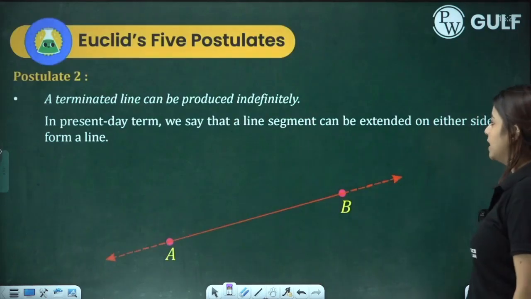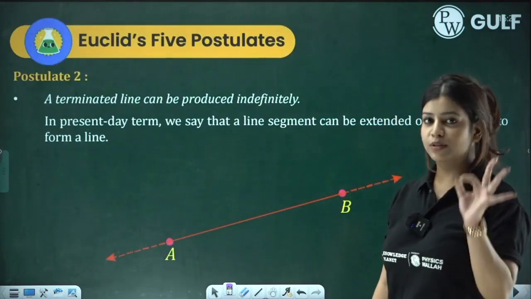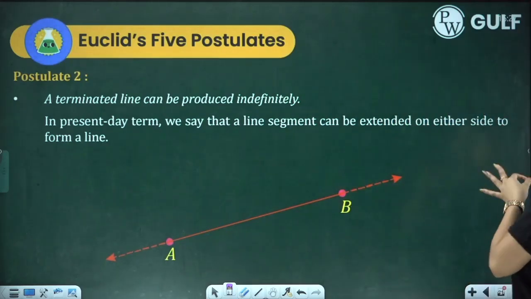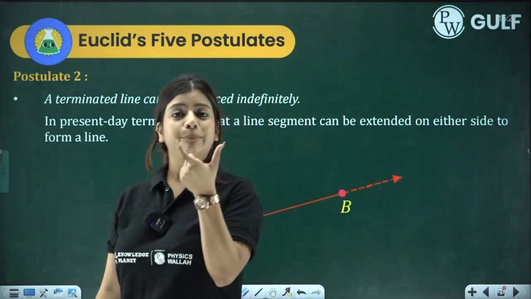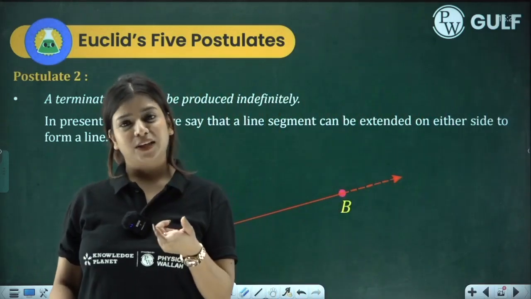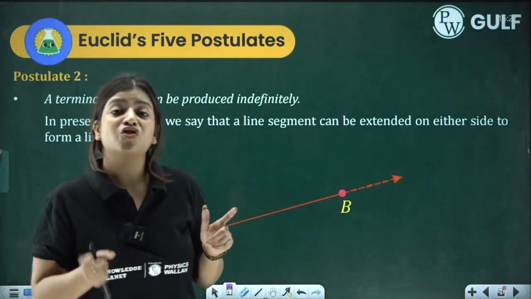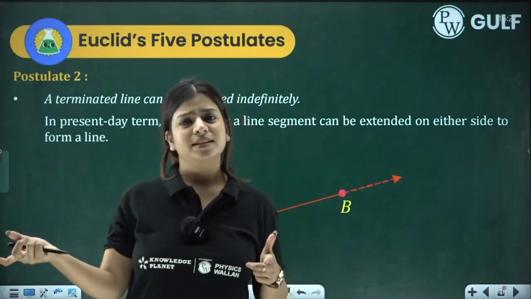The next postulate that we have is a terminated line can be produced indefinitely. In present day terms, we say that a line segment can be extended on either side to form a line. For example, I have a line segment of 8 centimeters. I have drawn it. Then I realize that I have to draw a line segment of 10 centimeters. I can extend it and form 10 centimeters.